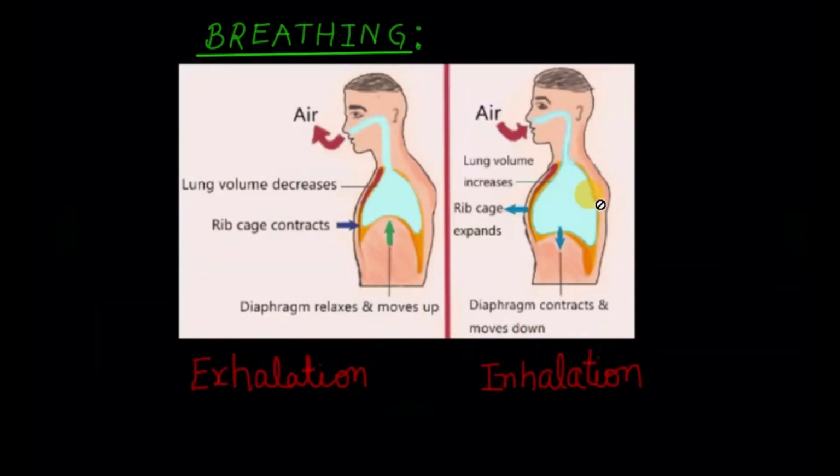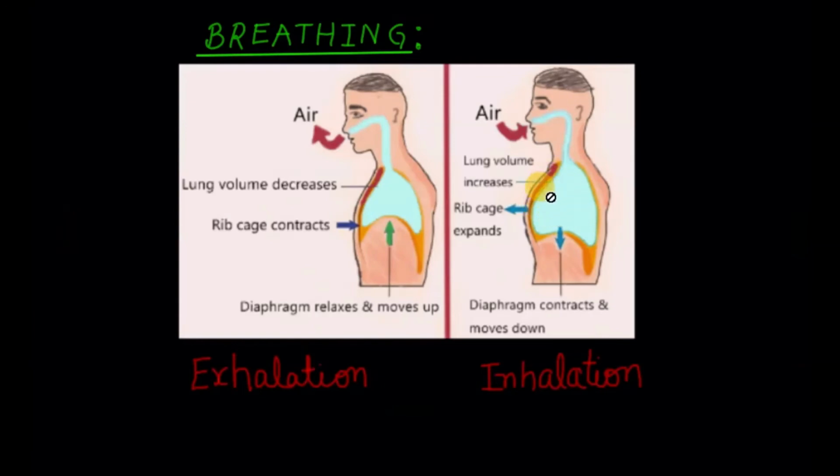But air enters by the process of breathing. The rib cage expands and is lifted up. The muscles of the diaphragm contract and the diaphragm moves down. So what happens? The volume of the thoracic cavity or chest cavity increases.